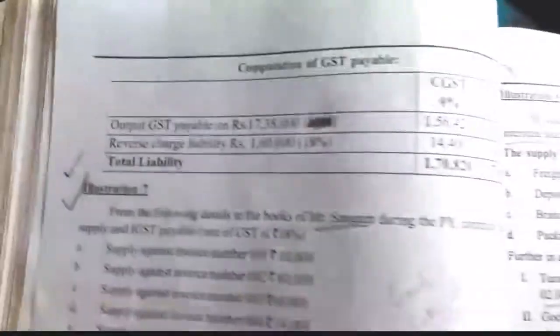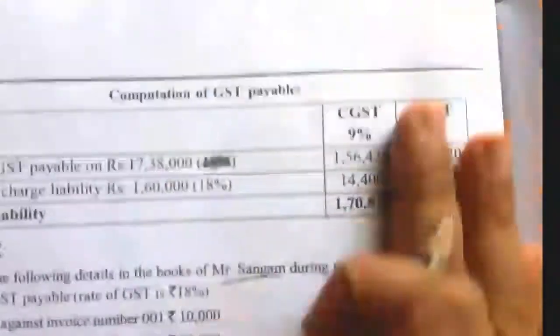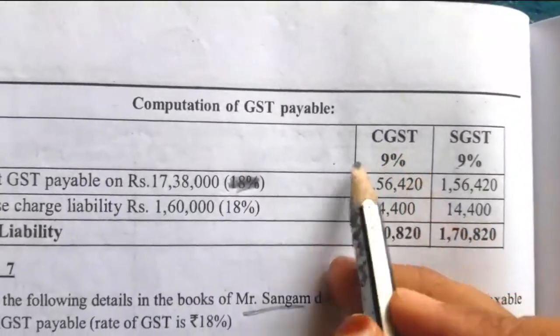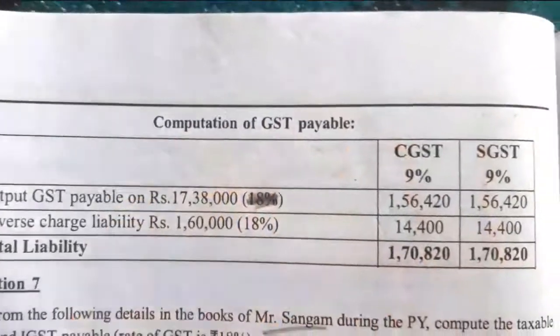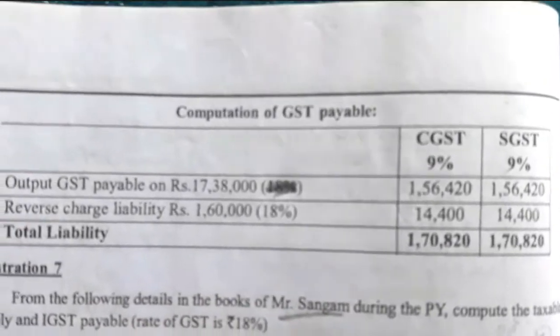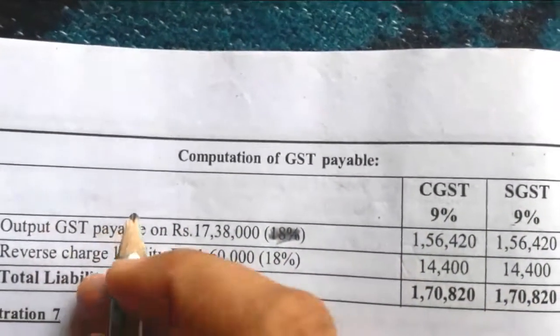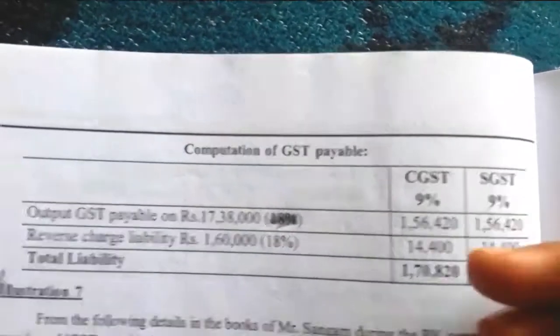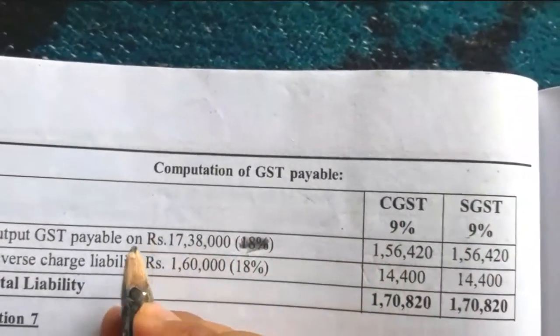So now write the heading computation of GST payable. Here we have to calculate CGST and SGST. You can draw columns or you can calculate like what you used to calculate before. So assuming supply is made within the state, CGST how much?